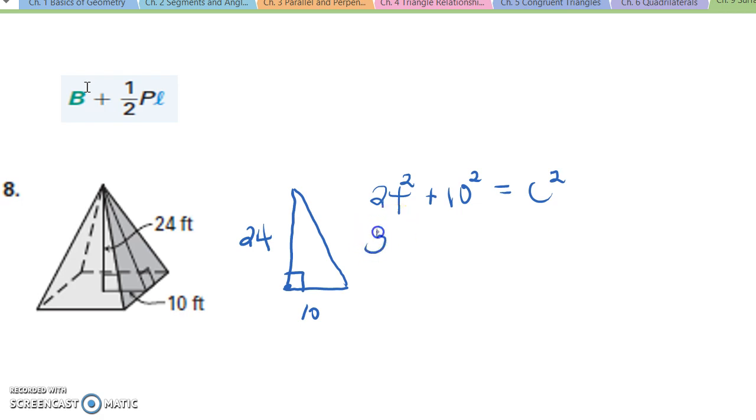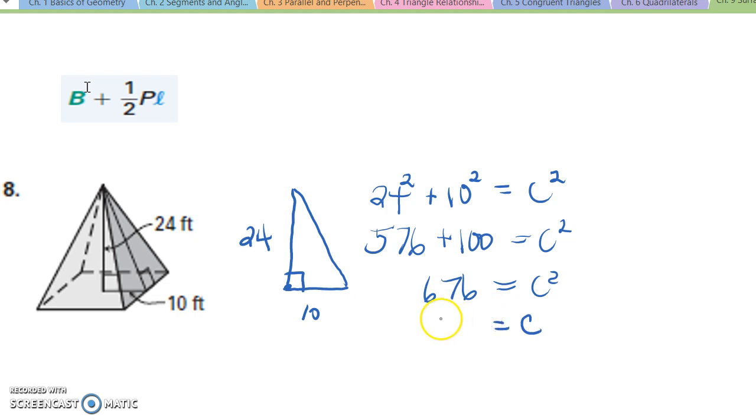So 24 squared is 576. 10 squared is 100. That's going to give us c squared. So 676 is equal to the hypotenuse squared. And the square root of 676 is 26. So there's our slant height.